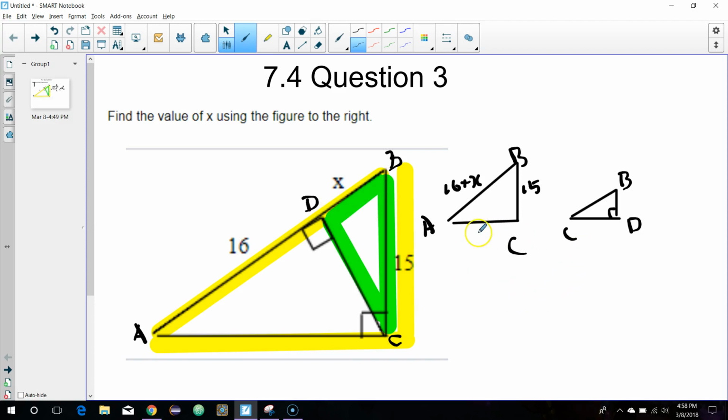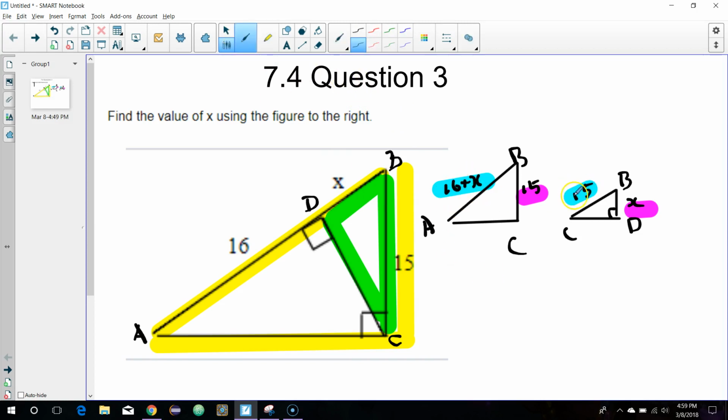For the green triangle, the orientation is a little bit different. The hypotenuse is going to be 15, while the height of the triangle is going to be x. At least we'll have this setting, and you should be able to see that by now. This is corresponding to that, and this is corresponding to that. So I can set up our scale factor that way.